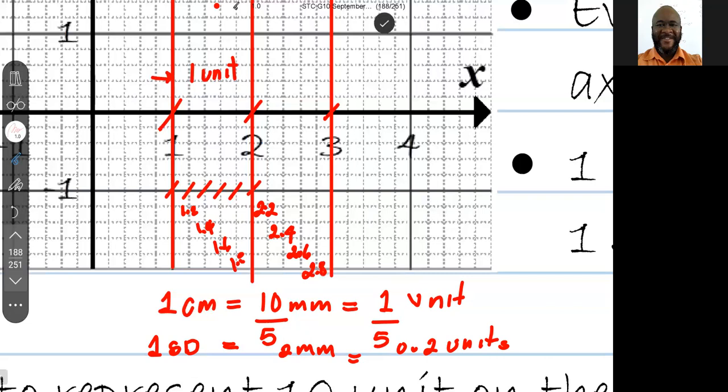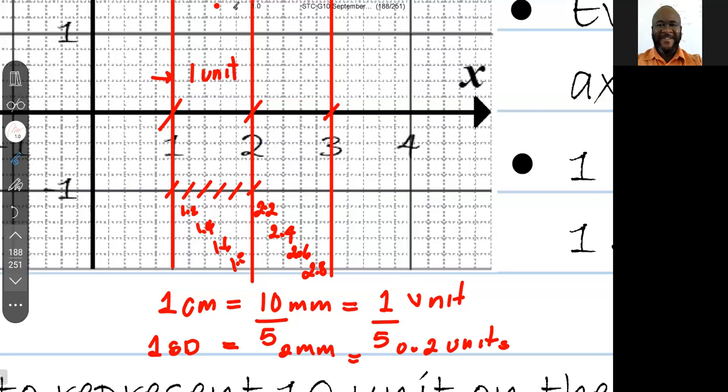In other words, if the scale on the x-axis is 2 centimeters to 1 unit, every single small division is going to be representing 0.2 of a unit.